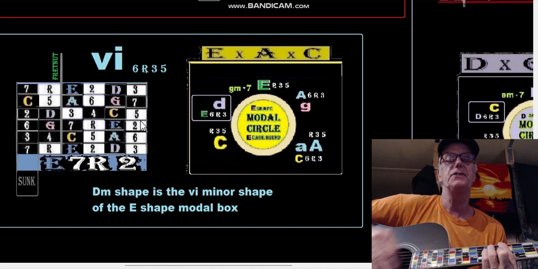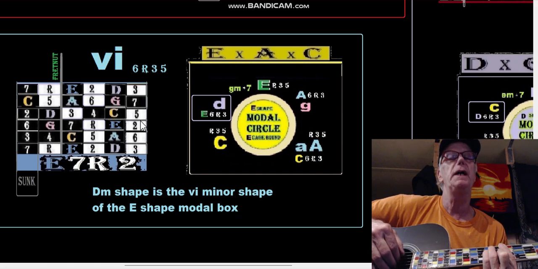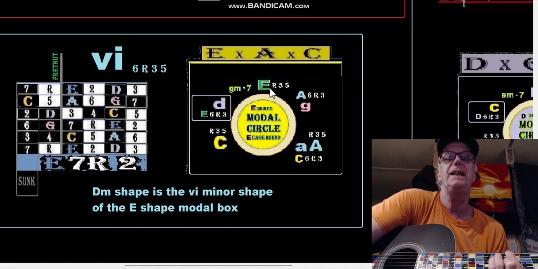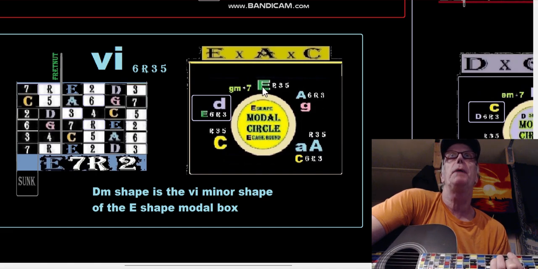To get to the 6th minor shape, we are going to go one shape ahead from that E shape, one caged letter. It's D. Because remember, we've got C, A, G, E, D is the word CAGED. Going backwards, C, A, G, E, D is the word CAGED.